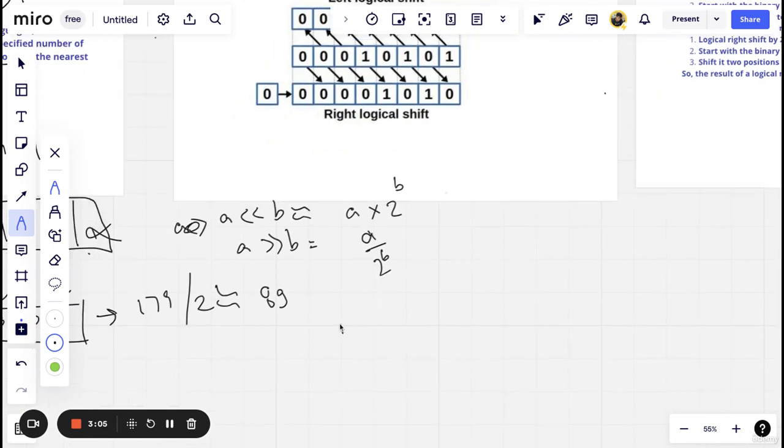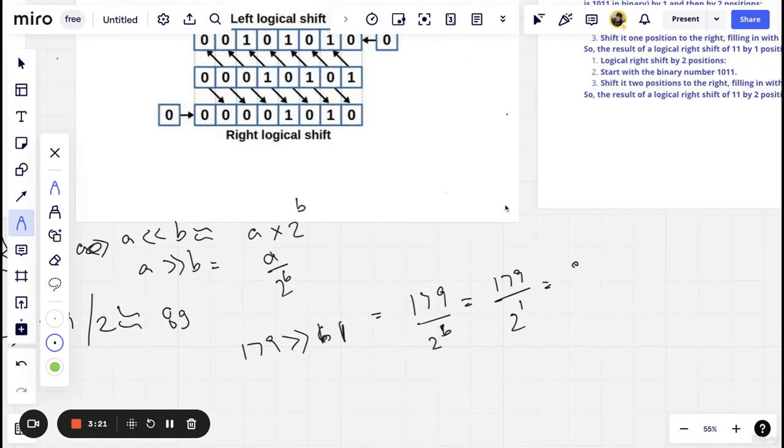So here we had 179, we were shifting right by 1. So the answer will be 179 divided by 2 raised to the power of B, and B in this case is 1, so 179 divided by 2 raised to the power of 1. So it will be the floor value. What is the floor value? Let us say we have a number 89.5. The floor value will be 89, and the ceil value will be 90.